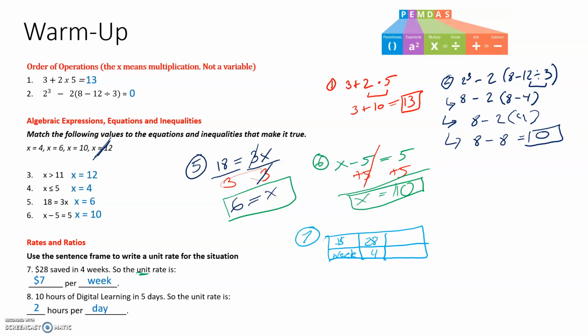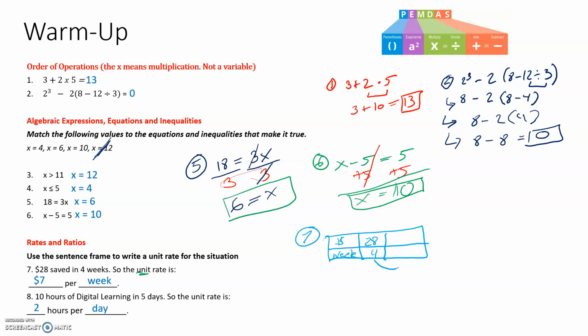Should I reduce money to the unit, or should I reduce the weeks to the unit rate? What I told my students is to do what makes the most sense, and sometimes what is easier. It's much easier to reduce the 4 and divide 28 by 4 than it is to reduce 28 to a unit and then divide 4 by 28.